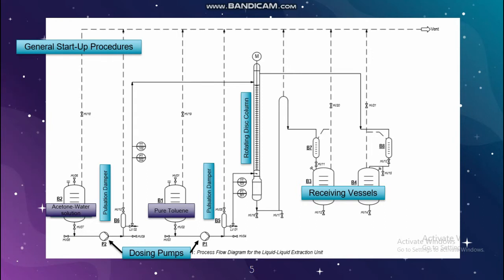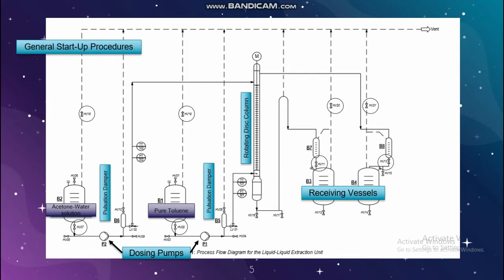Fourth, turn on the main switch at the control panel. Fifth, open ventilation line valve 18, valve 19, valve 20, valve 21, valve 11, valve 13, and outlet vessel valve 2 and valve 7.